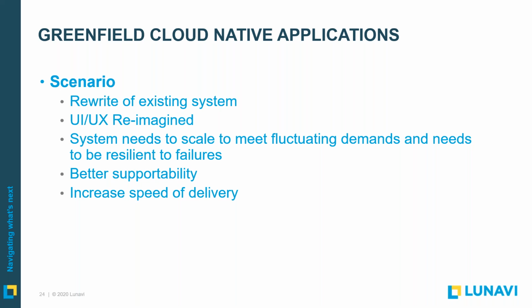The legacy system actually had hooks in there for supporting, but we wanted to make a system that could provide a better window so that the users didn't have to use a backdoor process to improve that supportability. And then the last thing is being able to increase the speed of delivery so that our application could be deployed quickly and securely.